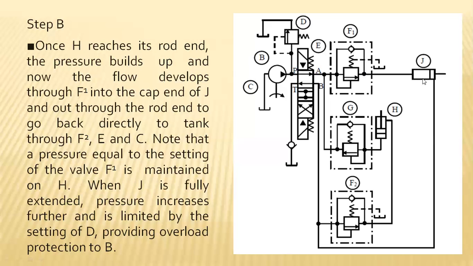When J is completely extended, pressure increases further and it is limited by the setting of D, the D valve. So the extension will take place, and it will give the signal towards the setting pressure, that is D, which provides overload protection once both the H actuator and the J actuator have been completely extended.